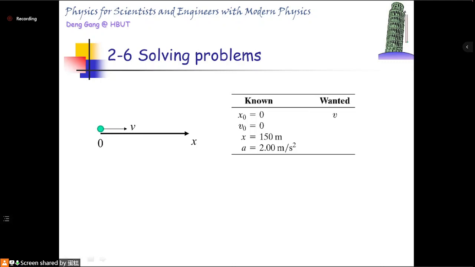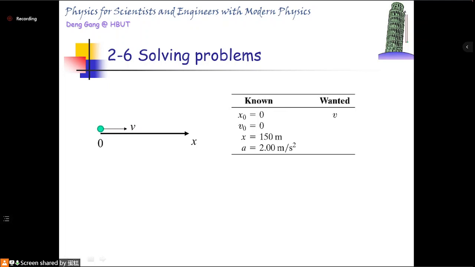That's reasonable. And we know the runway is 150 meters long, and the acceleration of this airplane is 2 meters per second squared. What we are going to calculate is the final speed v at x equal to 150.